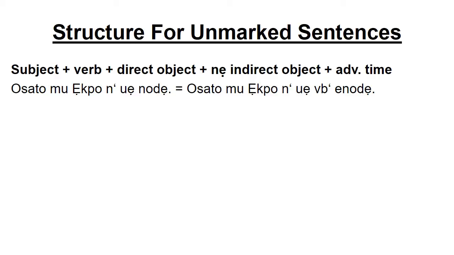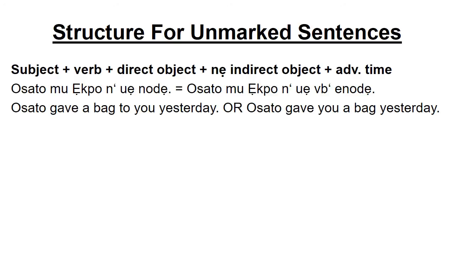So this sentence, you can also say it in another way. Osato mwe bonwe ve no de, and the ve is like at yesterday or in yesterday. It belongs to the no de, or it introduces the no de. So this means Osato gave a bag.